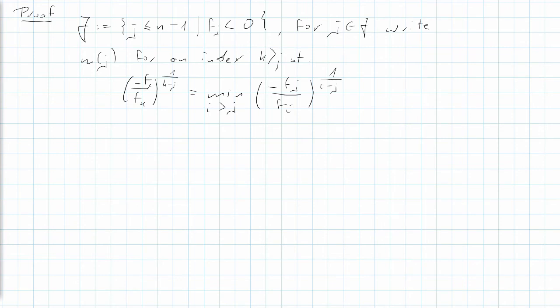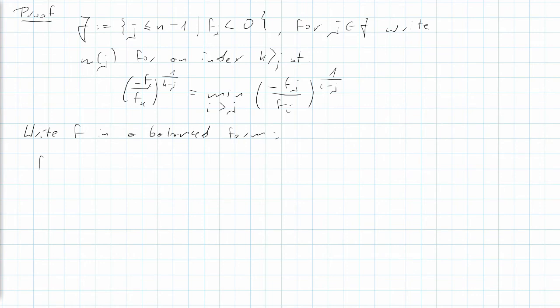So this m_j is actually the index which corresponds to this minimum which appears in Hong's bound. So now we can write the polynomial f in a balanced form as follows.